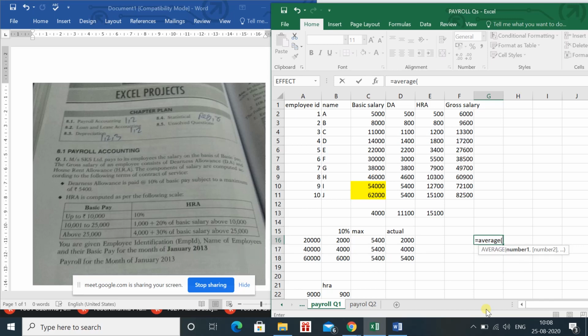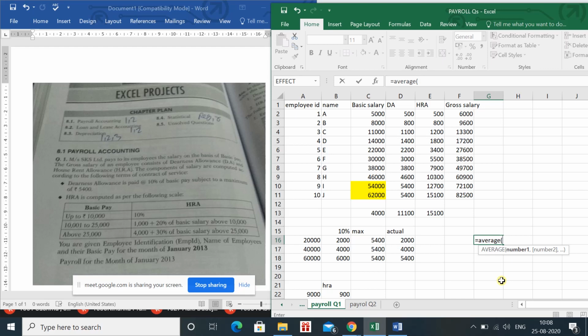I want to take the average. So when I write average, you can see whatever inbuilt functions they have related to average. As soon as I start writing average, it shows me the multiple options I have. Once I finish the average and start brackets, it knows that I'm talking about the average formula.